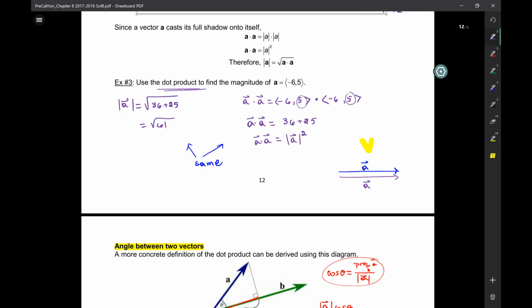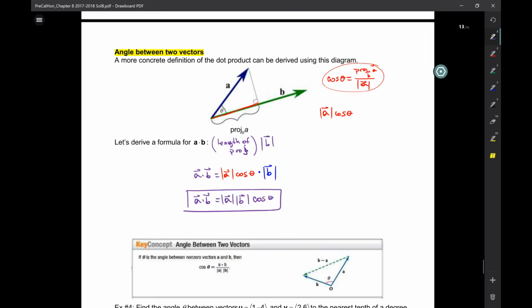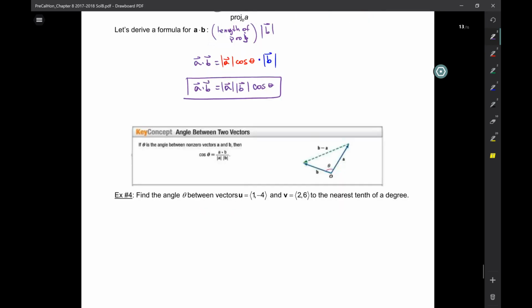If it's the length of this times the length of this times the cosine, which the most it could be is a 1, then the highest it could be is the magnitude of these squared. Isn't that cool? Could it be lower? Yeah. Cosine goes from what to what? -1 to 1. So it all connects. I'm telling you, man, there's like a math heaven out there and it's all connected.